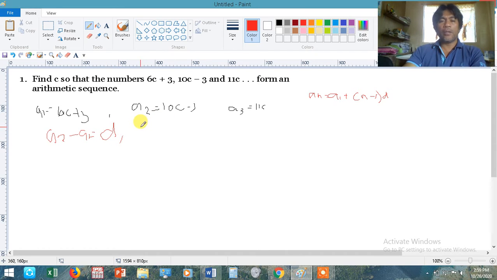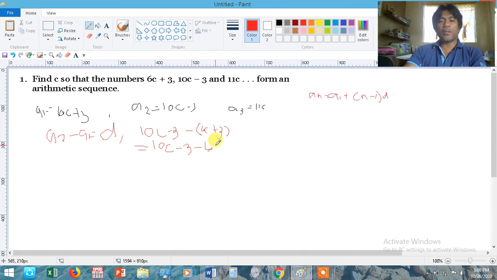So let's try. If we take 10C minus 3 minus, open parenthesis, 6C plus 3, since it is one whole term, so it will give you what? We have 10C minus, this one will be affected by the negative because of the minus sign. This will become negative 6C. This one will also be negative, minus 3.